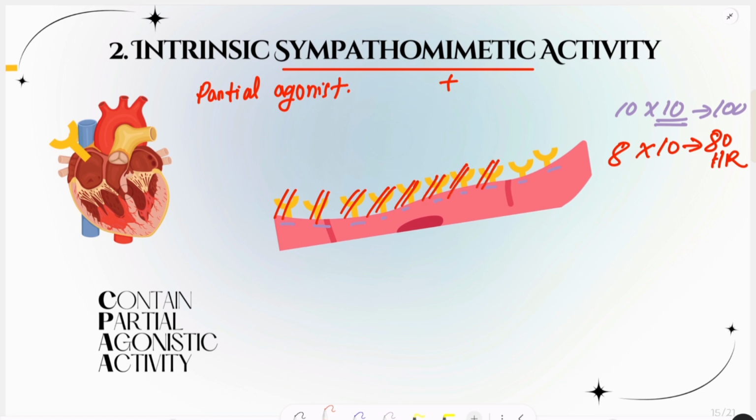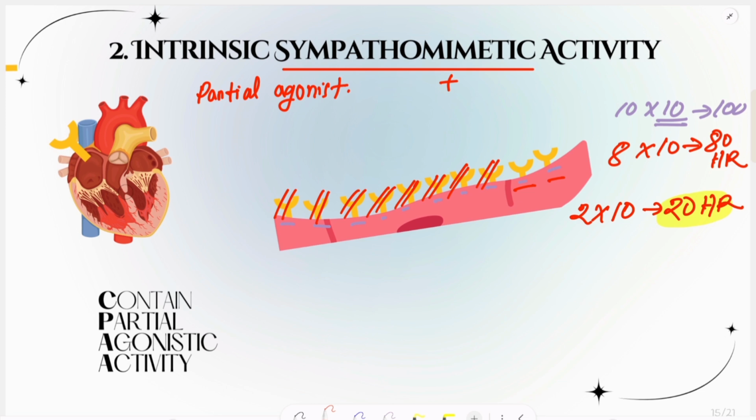That means it blocks 7 or 8 receptors out of 10. So now only 2 receptors are available for the person, and these two will each produce a heart rate of 10, producing a heart rate of 20. And this is a condition of severe bradycardia, and the person may die because of this severe bradycardia.